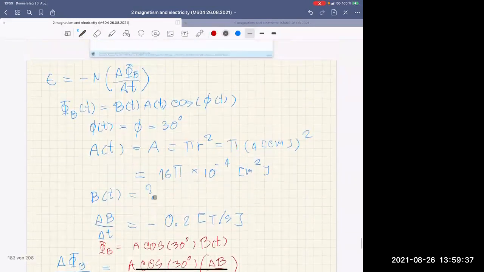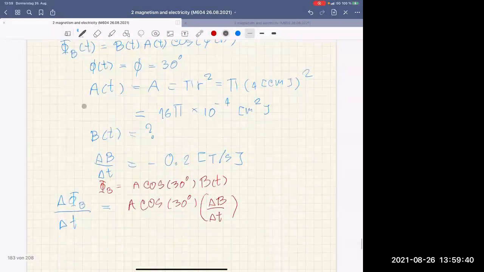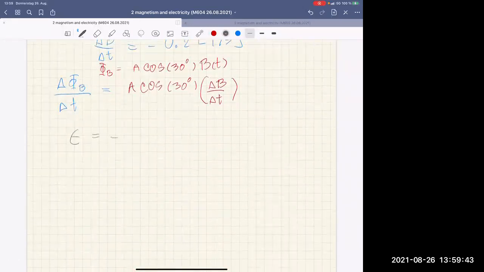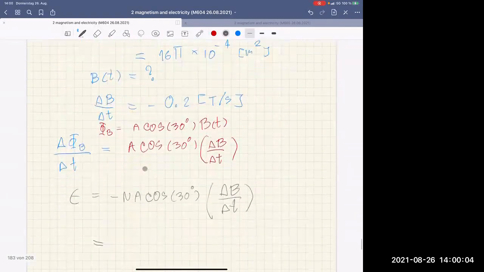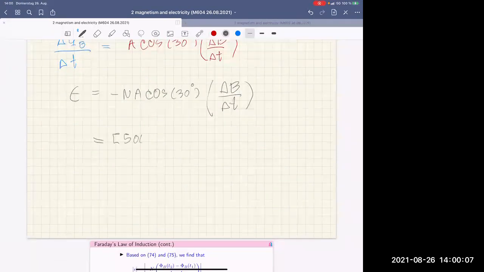And we are going to apply it to Faraday's induction formula here: epsilon is minus N, and together with this quantity we have cosine 30 degrees and delta B by delta t, right? The number of turns they say is 500 turns.